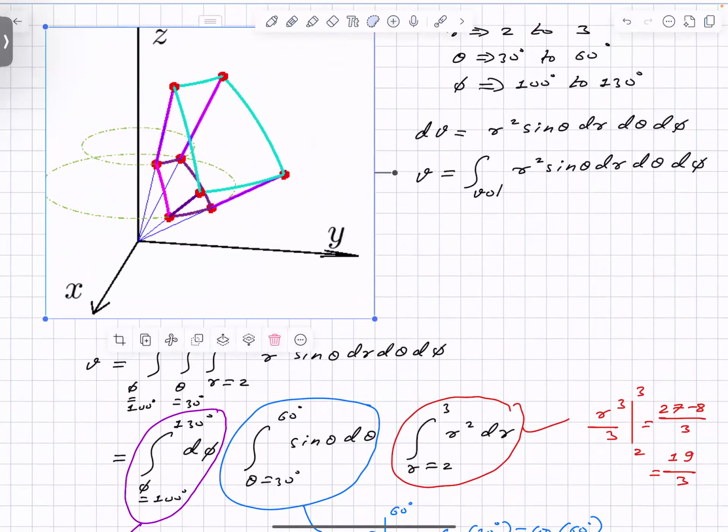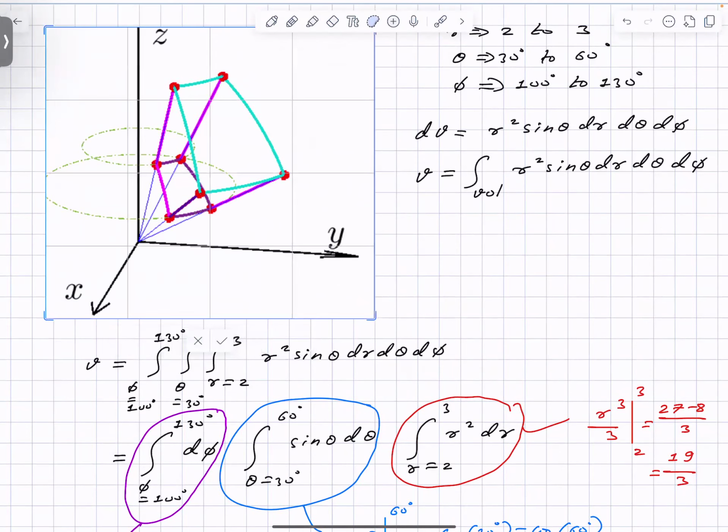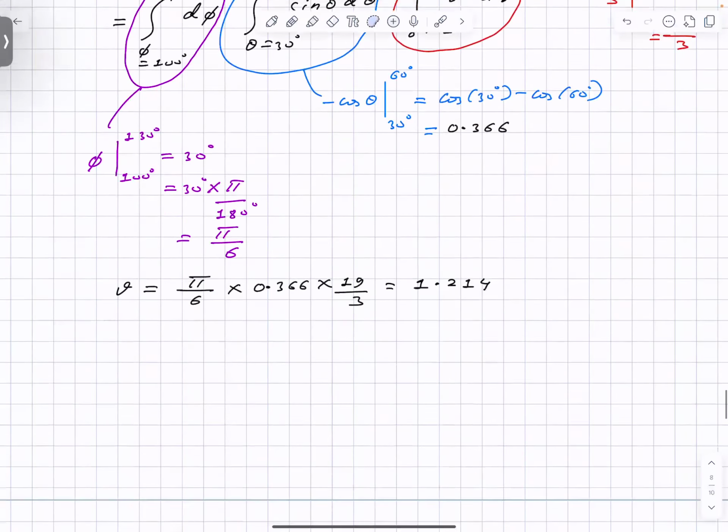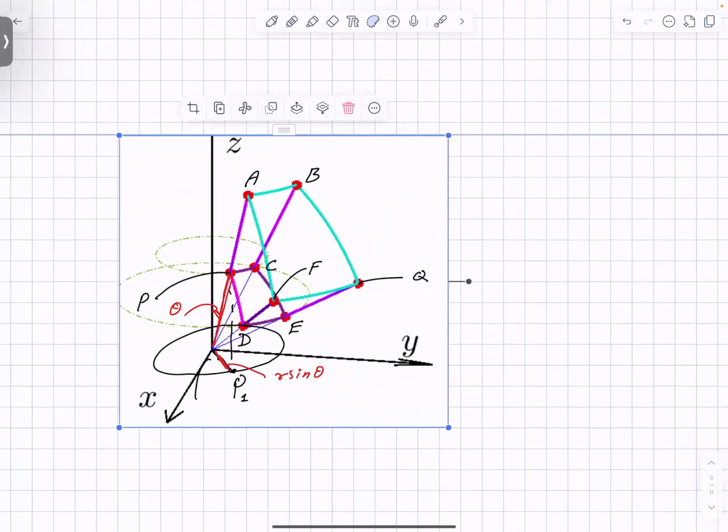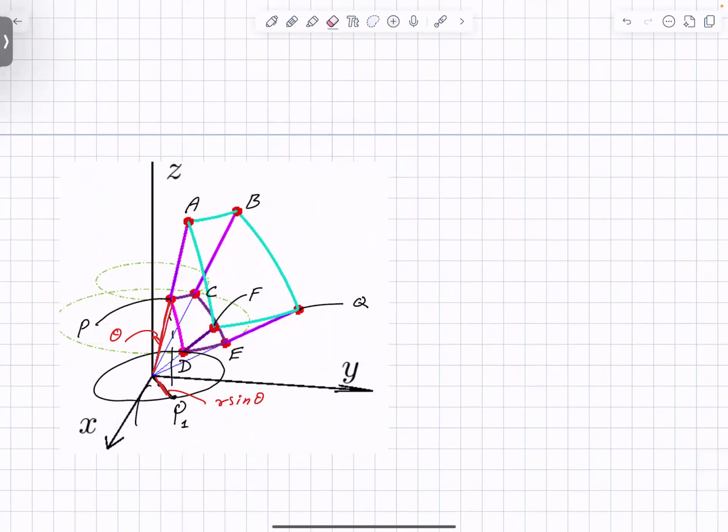Next, we are going to find surfaces, areas.